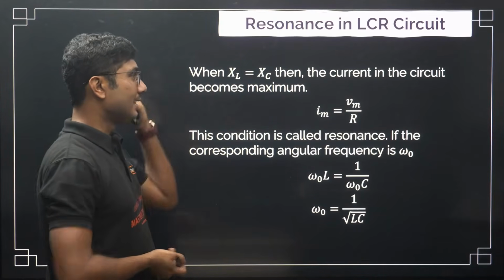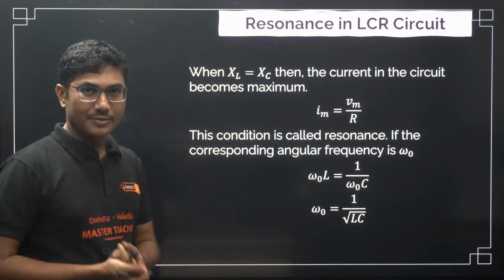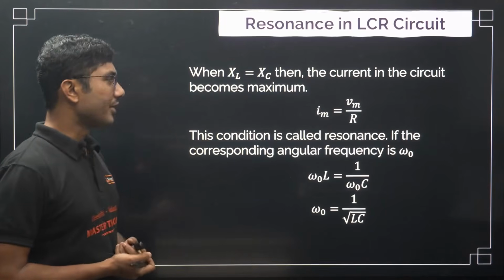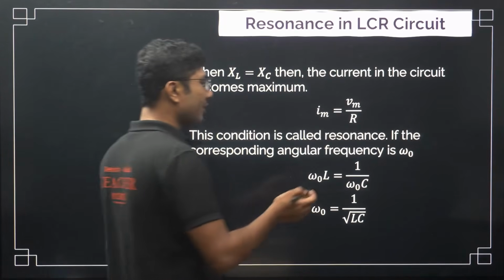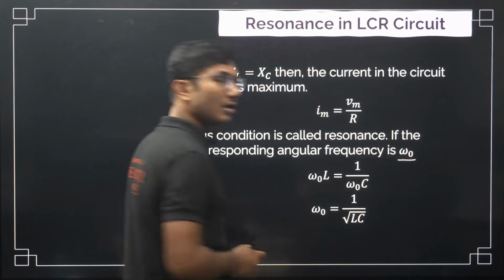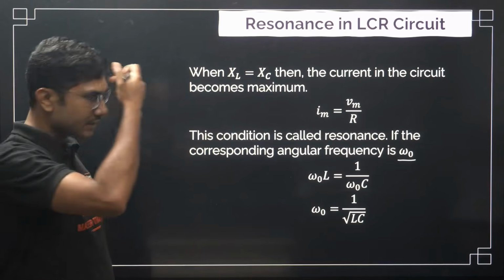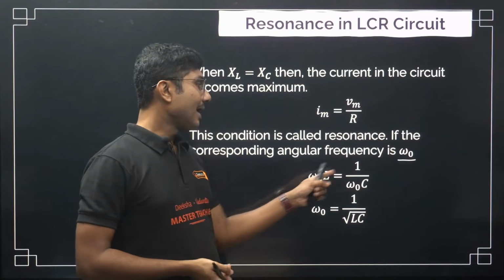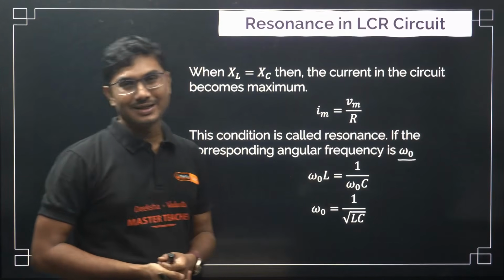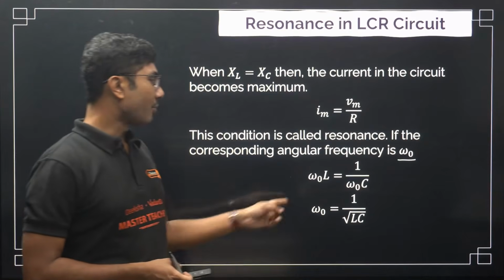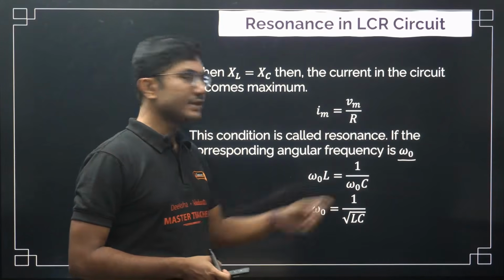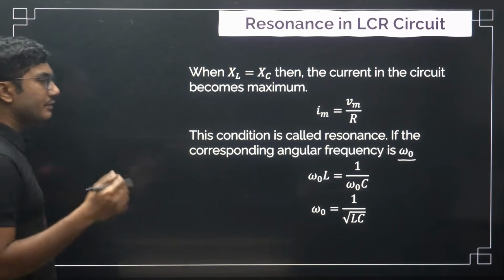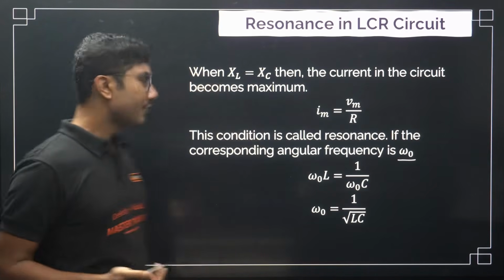In this case, the current in the circuit becomes maximum, and the power becomes maximum. This condition is called resonance, and the corresponding angular frequency is omega naught. Omega naught L is XL and 1 by omega naught C is XC. From here you can calculate the angular frequency, and also the normal frequency.